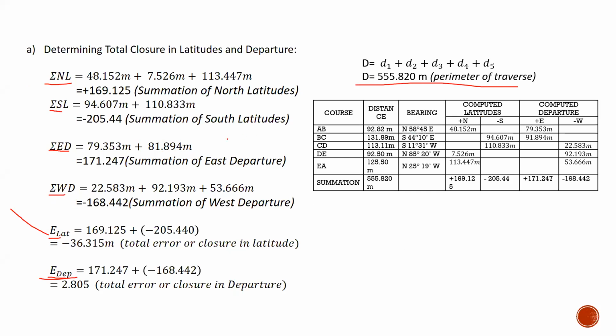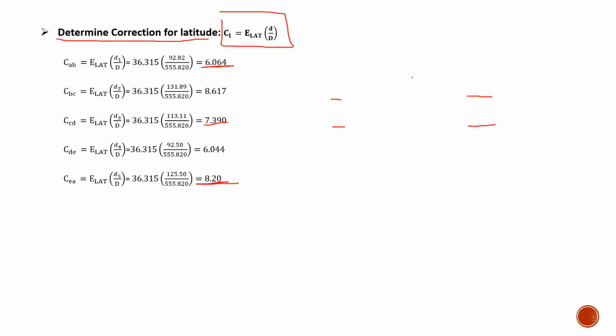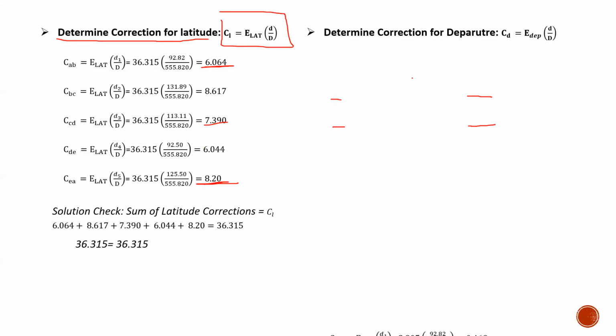And after that, we have here the course. Itatabulate natin para malaman natin kung saan tayo merong mali and para mas malinaw siyang intindihin. Next, in determining the correction for latitude, gagamitin lang naman natin yung mga formula na binigay ko.